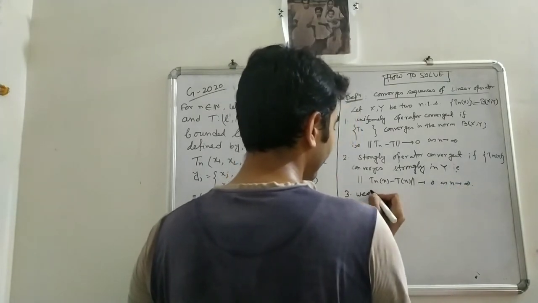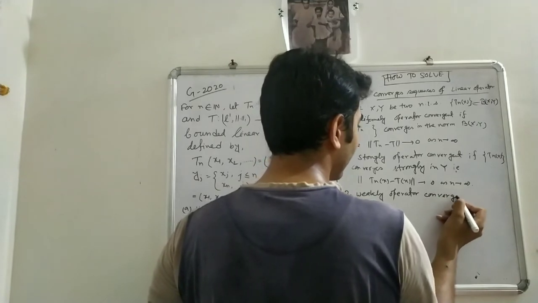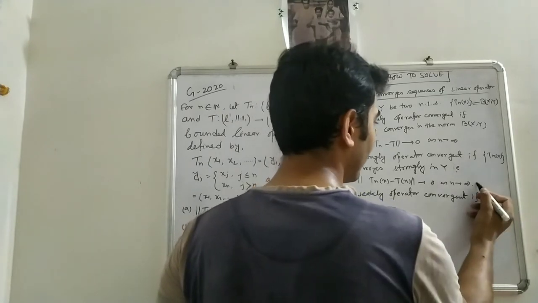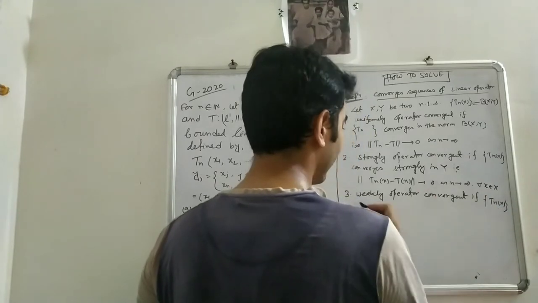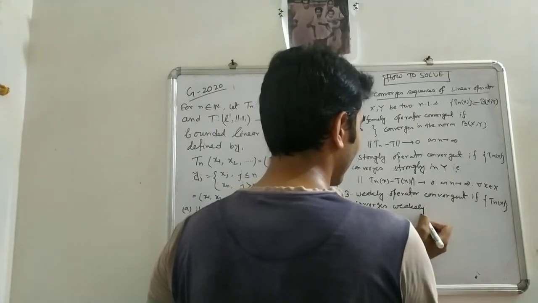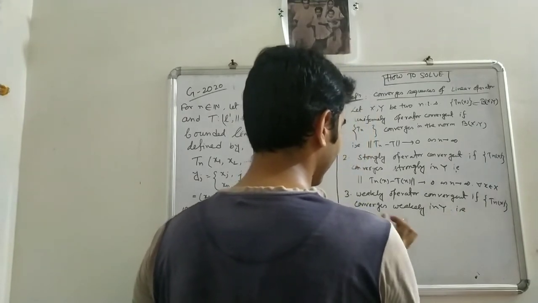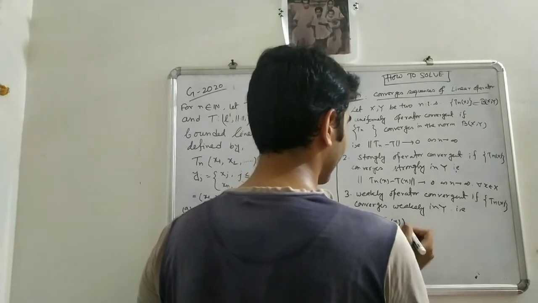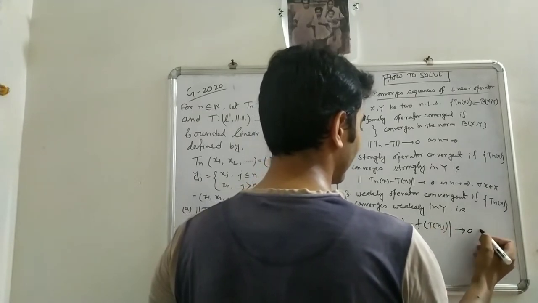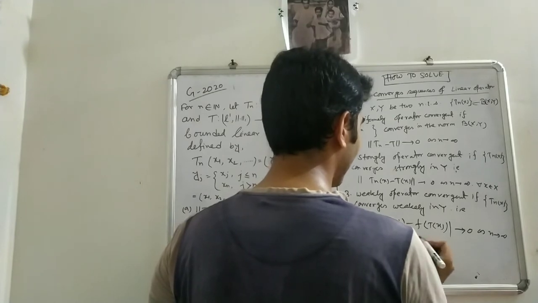And number three, weakly operator convergent if T_n x converges weakly in Y. So that is modulus of f of T_n x minus f of T x tends to 0 as n tends to infinity, for all x belongs to X and f belongs to Y dash.